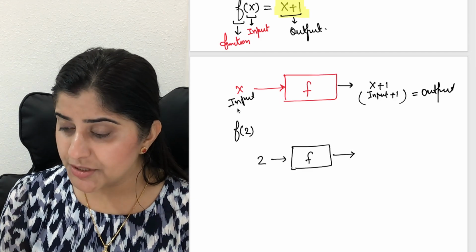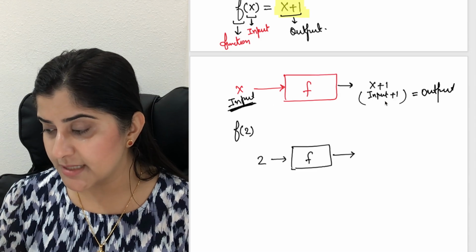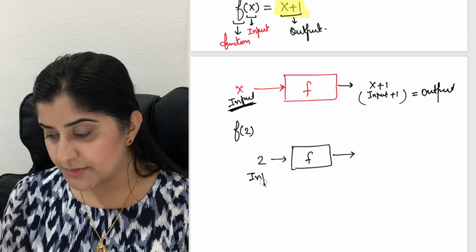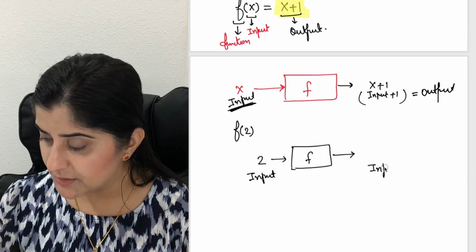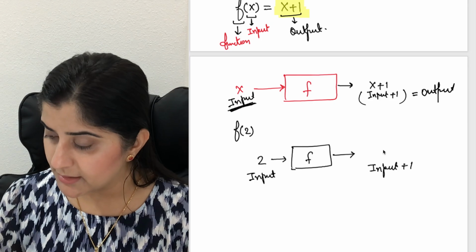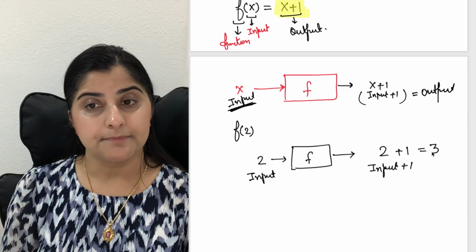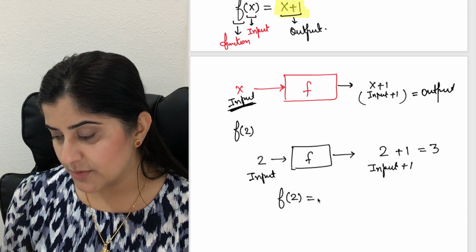Whatever you input in this machine, the machine adds 1 to the input and gives you the output. Now this is the input, so input plus 1 means 2 plus 1, and the output will be 3. So you can write this as f(2) = 3.